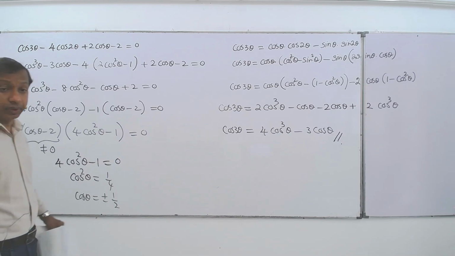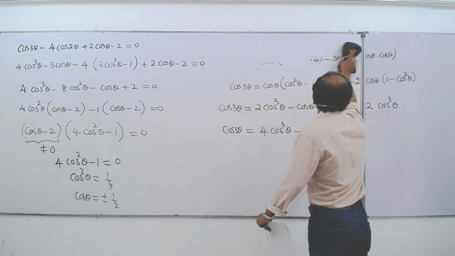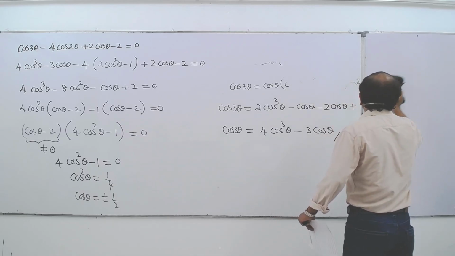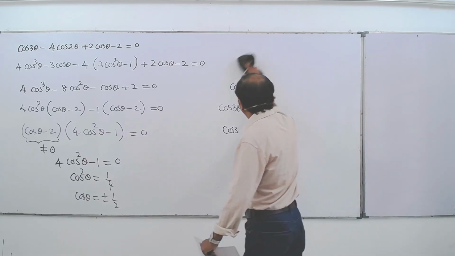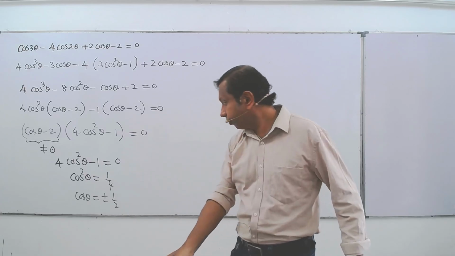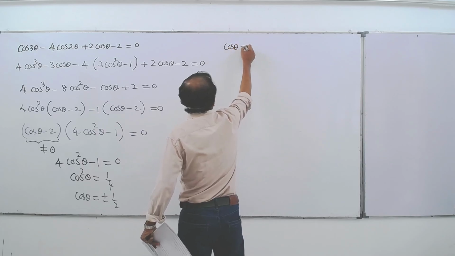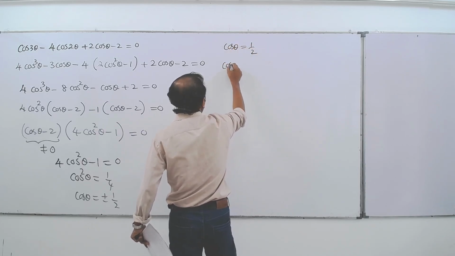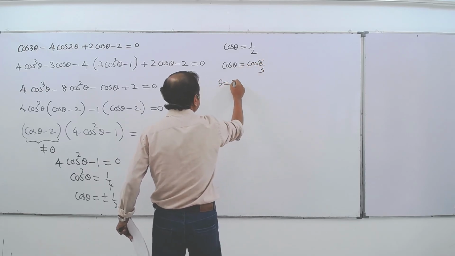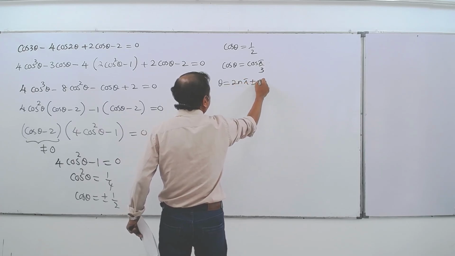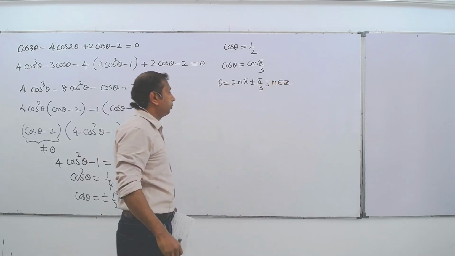Then we can write the two solutions. We'll first take cos theta equals half. Then this half you can write as cos pi by 3. Then theta equals 2 n pi plus or minus pi by 3, n is an integer.